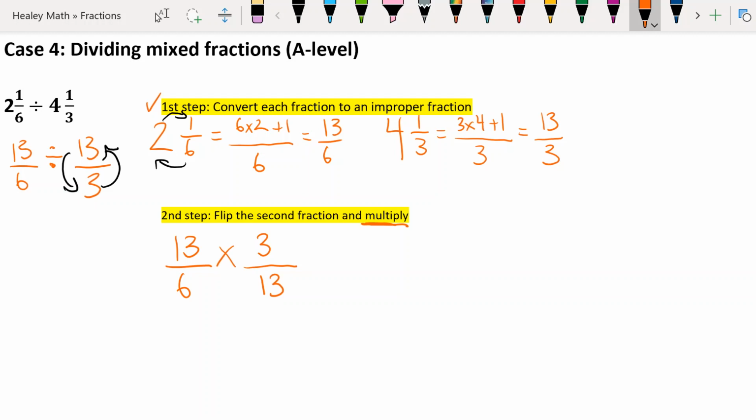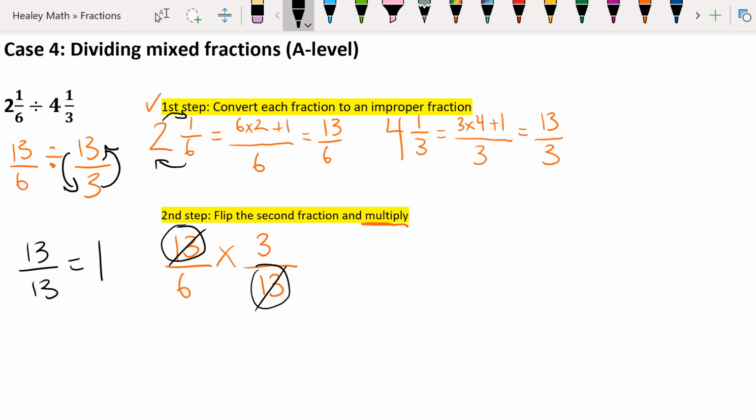You should notice that we have 13 on the numerator and 13 on the denominator. And with this strategy, we can see that we can cross reduce, which means we're basically simplifying our answer before we do any sort of multiplication. I know 13 divided by 13 is 1.